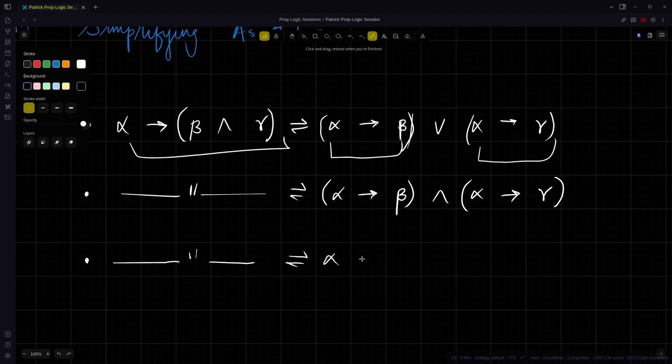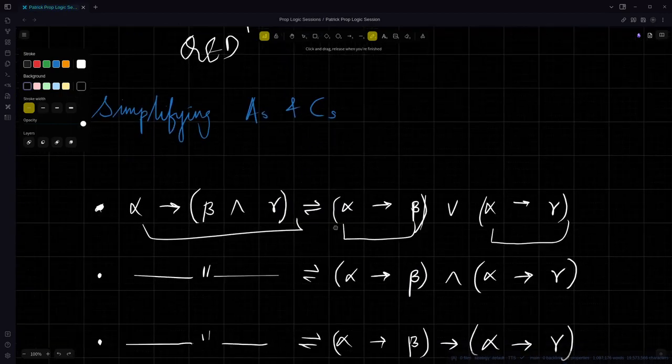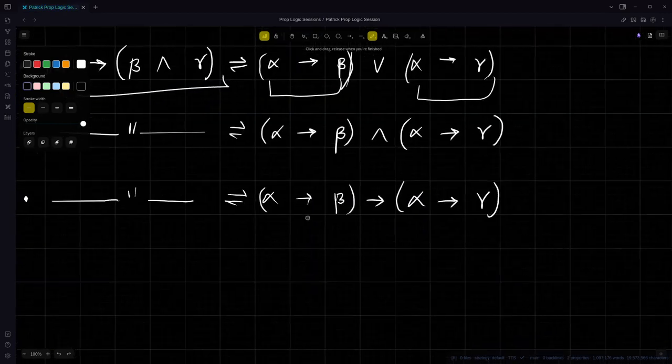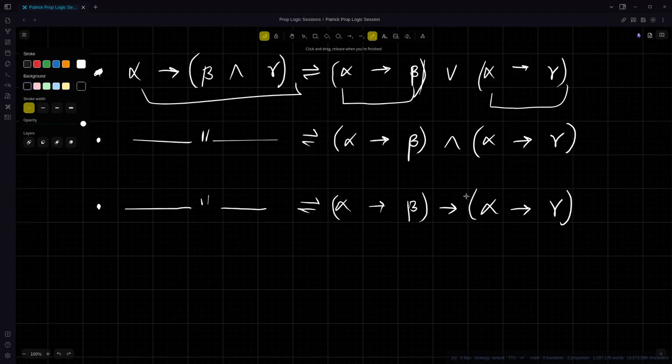That's basically how you start developing an intuition and you're like, even this is going to work. So alpha implies beta implies gamma. Once you start seeing patterns, you'll be able to figure it out, like how I got this.